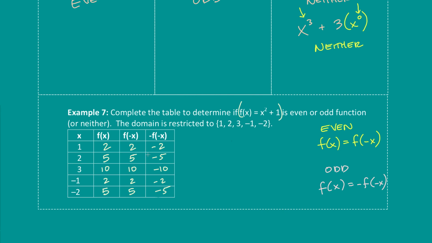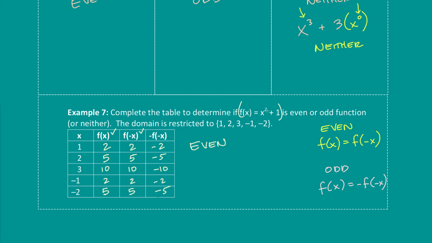Okay, so looking at this pattern, we have to ask ourselves, wait a second, if it's even, our f of x will equal our f of negative x. If it's odd, our f of x will equal our negative f of negative x. If you look at this, the f of x is matching our f of negative x, which means that this guy is an even function.